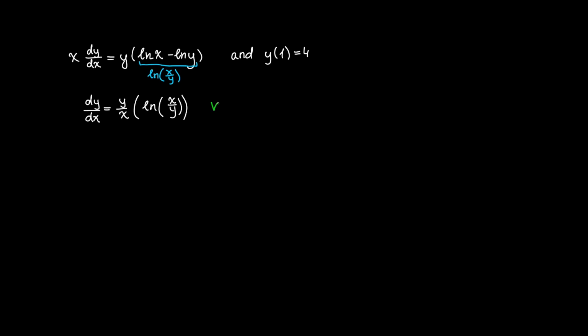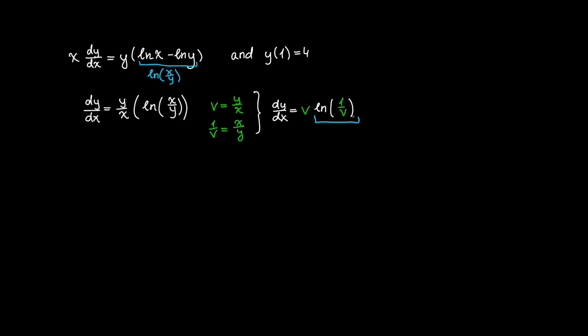Now we can set our substitution v equal to y over x. Please note that inside of the logarithm, it is flipped. We have x over y. However, that is not a big deal because technically 1 over v is going to be x over y. So that means this differential equation can be rewritten as v times the natural log of 1 over v.